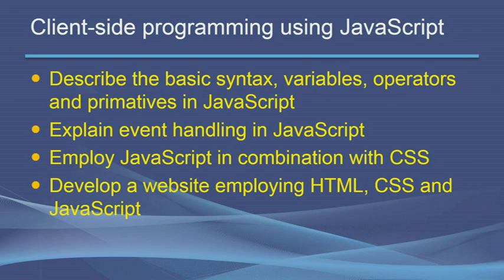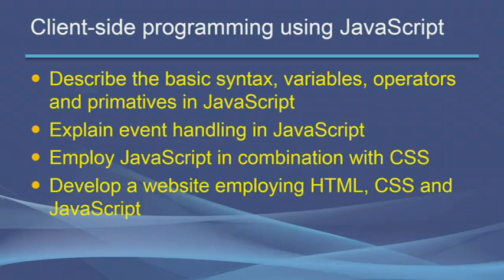So let's look at what is expected from you in this topic, the skills and the learning outcomes that you should achieve. The first one is to describe the basic syntax, variables, operators and primitives in JavaScript. This is probably the first time you are going to work with a programming language in the BIT course.